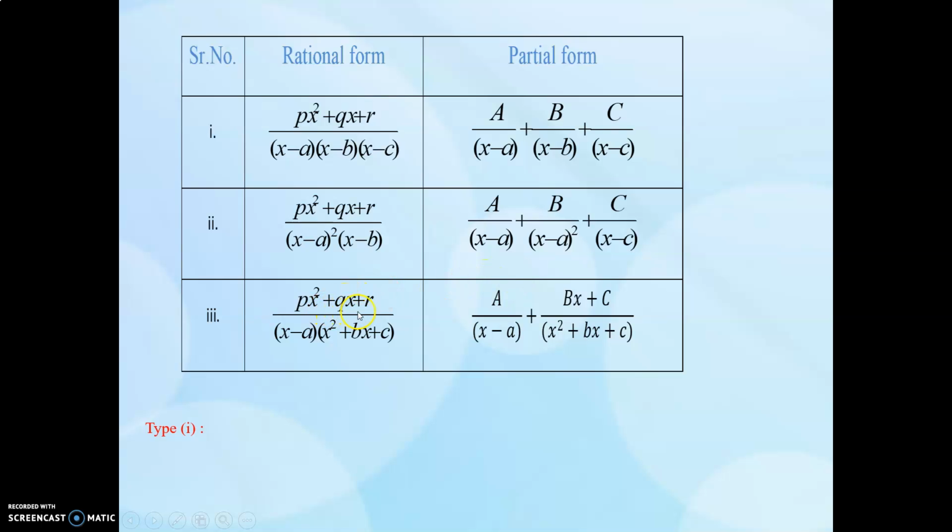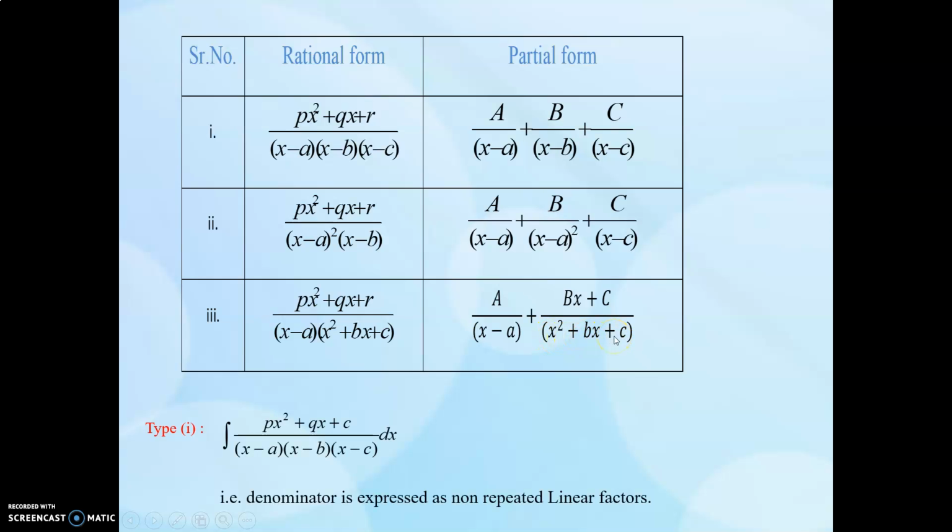If it is px square plus qx plus r upon x minus a into x square plus bx plus c, that is one is a linear factor and another one is a quadratic which we cannot further factorize into real linear form, so a upon x minus a plus bx plus c upon x square plus bx plus c, where the numerator is bx plus c.